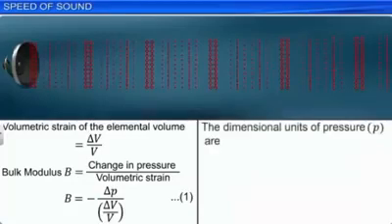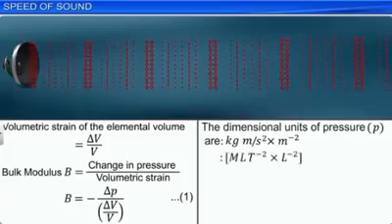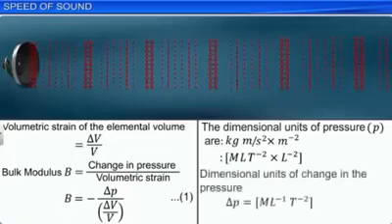That is, the product of M, L, T raised to the power minus 2 and L raised to the power minus 2. Dimensional units of change in the pressure delta P is equal to the product of M, L raised to the power minus 1 and T raised to the power minus 2. Let this be equation 2.